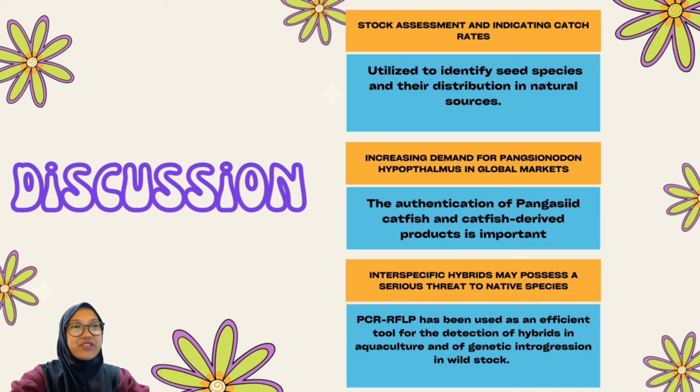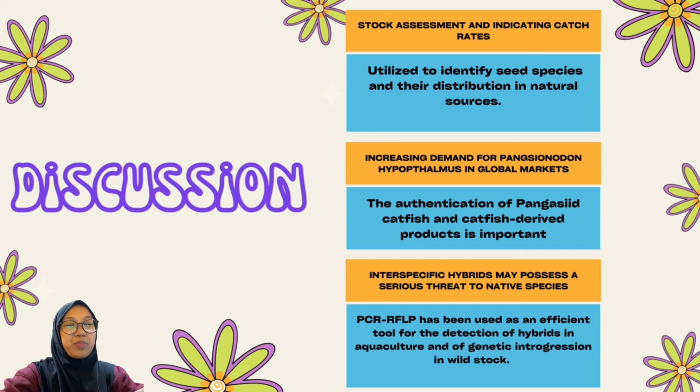Due to increasing demand for Pangasianodon hypophthalmus in global markets, the authentication of Pangasiid catfish and catfish-derived products is important. PCR-RFLP results demonstrated that the markers had more advantages than the traditional DNA barcoding. So, this means these markers are useful for authentication of Pangasiid catfish and catfish-derived products in the food industry.